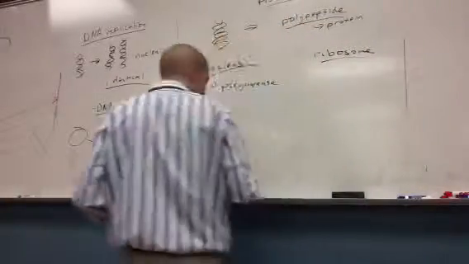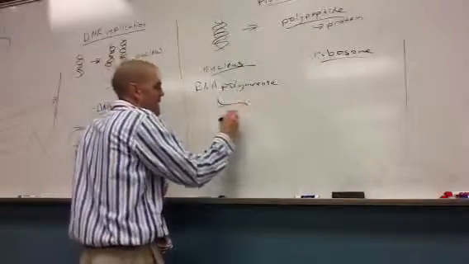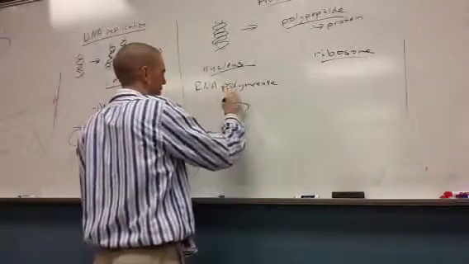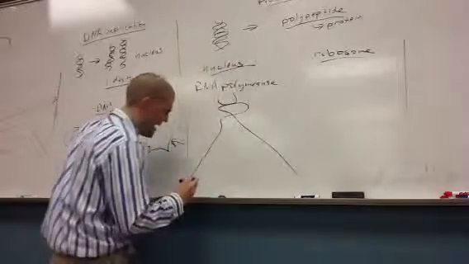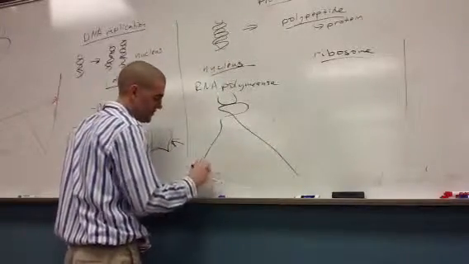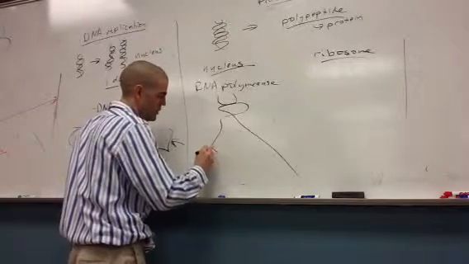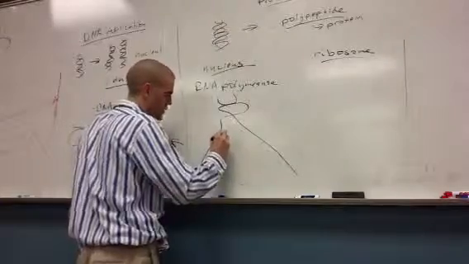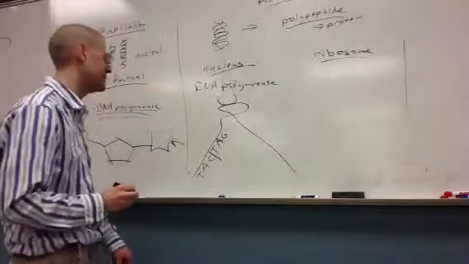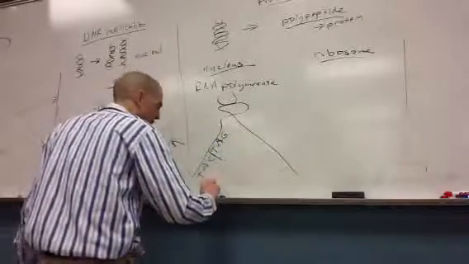And the problem is here, let's get some colors in here. So if I have DNA and I unwind it here, well, this is DNA, so there's no U's, right? If I have these 6 bases right here, then mRNA is going to come and copy it, right?